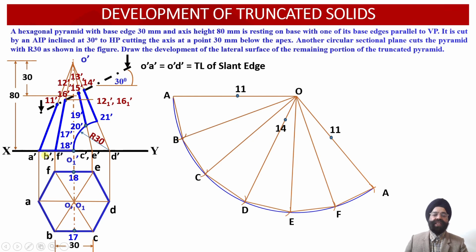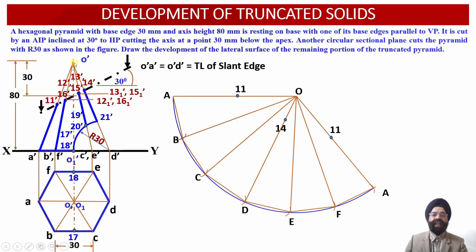So corresponding to the slant edges O dash B dash and O dash F dash, we are not going to measure these apparent length distances anymore. That is, the O dash 12 dash and O dash 16 dash distances will not be measured. Rather, we are going to measure the true length distances while we evaluate the distances of points 12 and 16 onto these slant edges O dash B dash and O dash F dash. So these distances O dash 12 1 dash and O dash 16 1 dash we are going to measure over here.